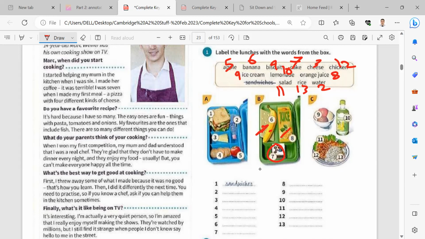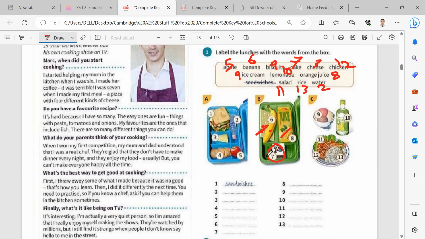Okay. What about you, Nawaf? Can you please talk about your lunchbox when you were young or when you were a school student? What did you usually have with you for lunch, for example, or even breakfast? I have a sandwich.